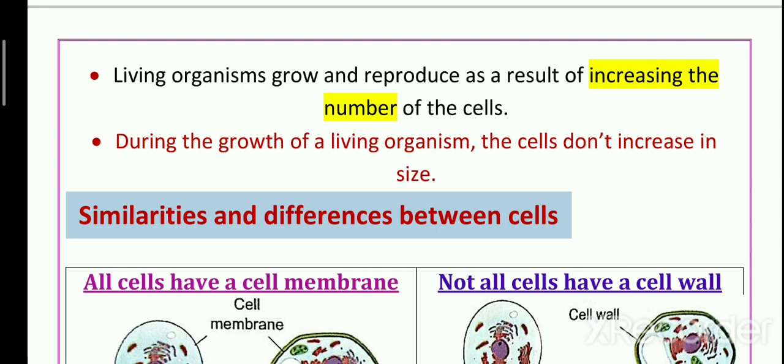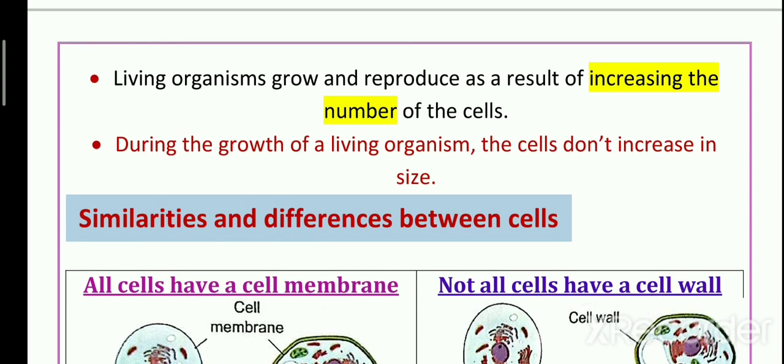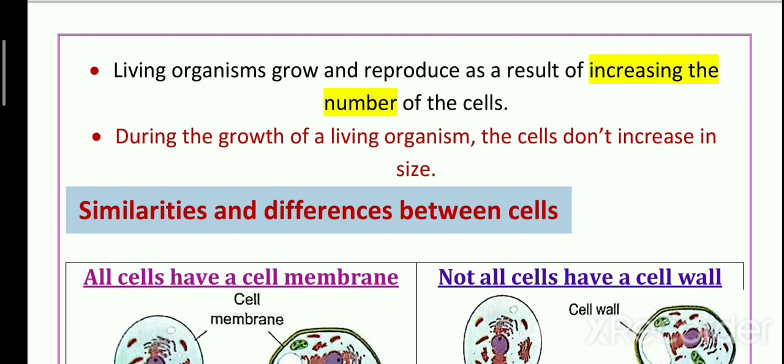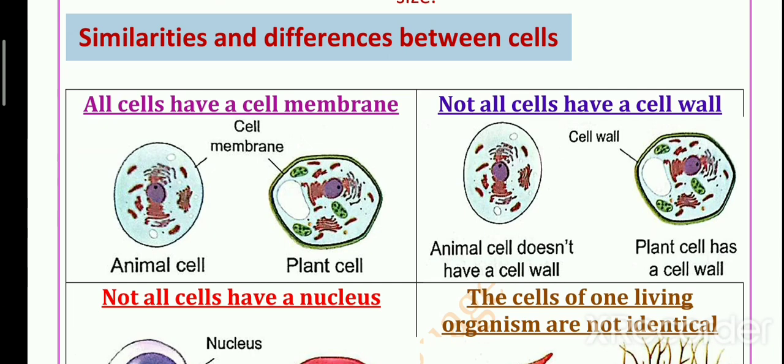So if I ask you, true or false, during the growth of a living organism the cells increase in size? True or false? Excellent, false. The cells don't increase, but the number of cells increases. Okay? Now we want to talk about similarities and differences between cells.